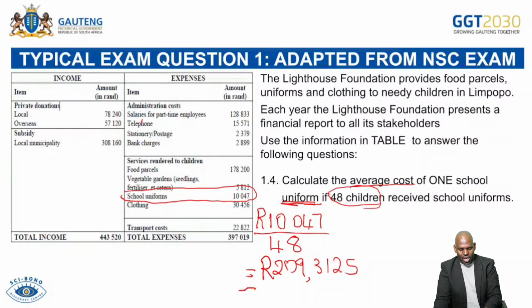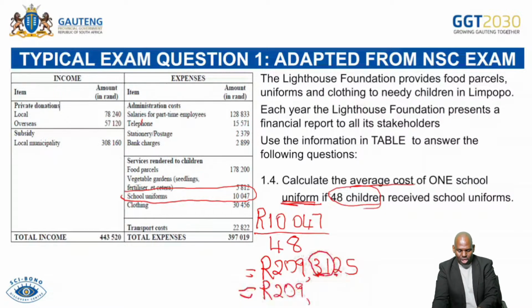209,3125. Okay, your teacher might have told you that the value of money, even if they don't specify, should be rounded to 2 decimal places. So this is 209, comma. If we round it to 2 decimal places, we must keep 2 digits after the comma. So here we've got 31. Is it going to remain as 31 or is it going to change to 32?